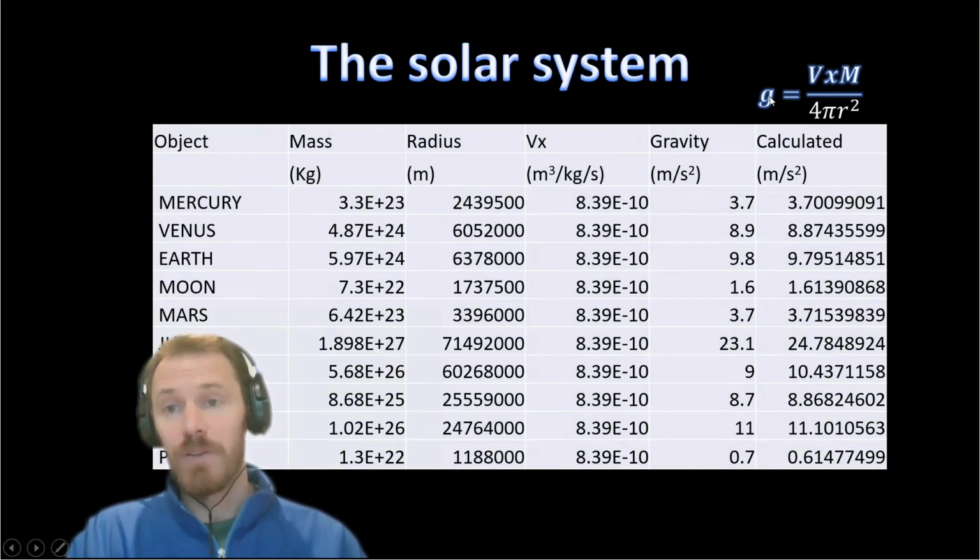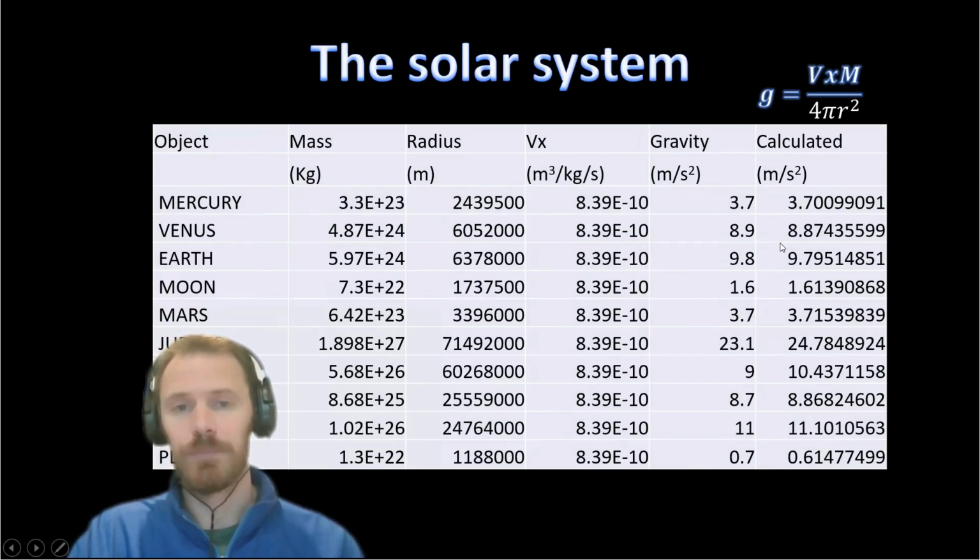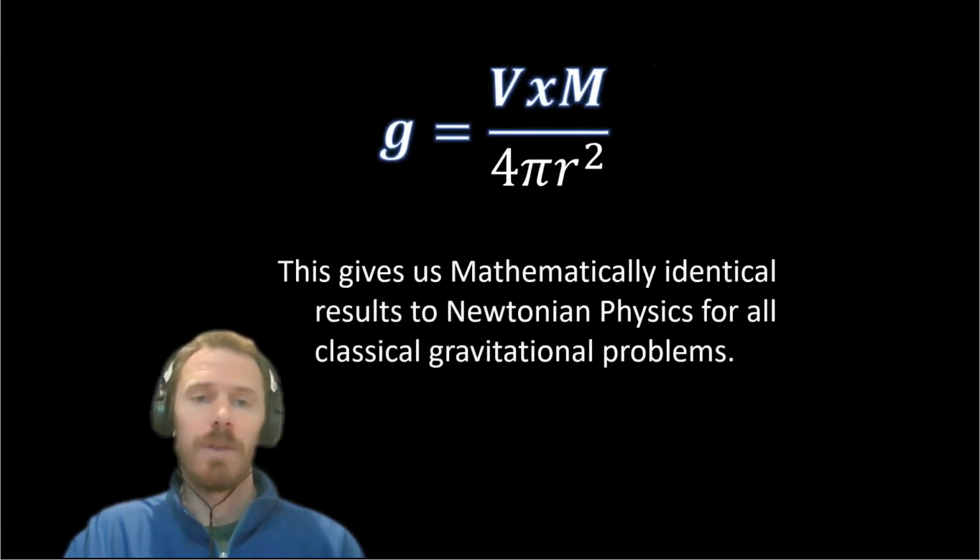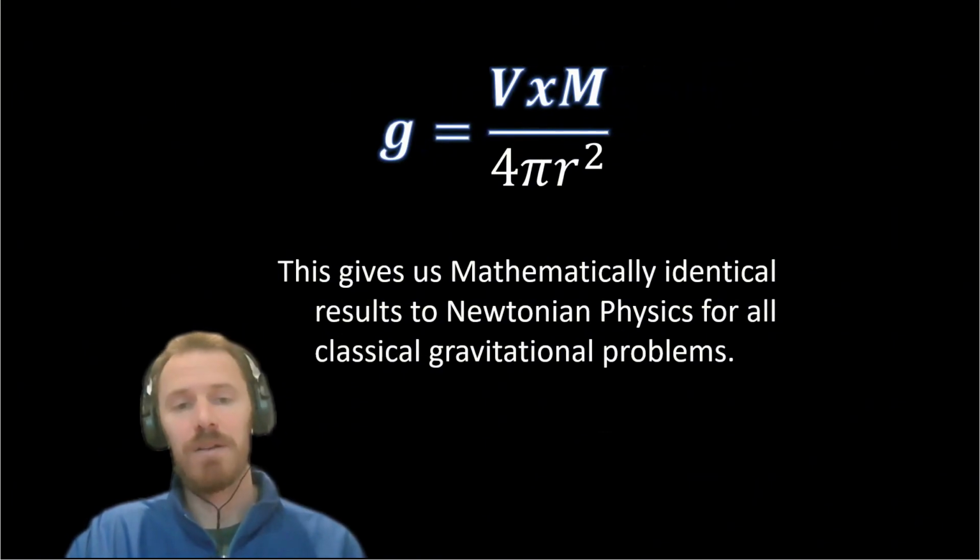This is our formula for the gravitational acceleration, and as you can see, our calculated gravitational acceleration is extremely similar to NASA's calculation for gravitational acceleration. Effectively, we can say that our new formula gives us a mathematically identical result to Newtonian physics for all classical gravitational problems.